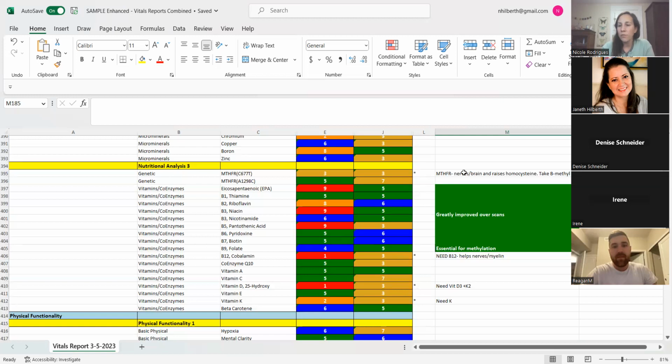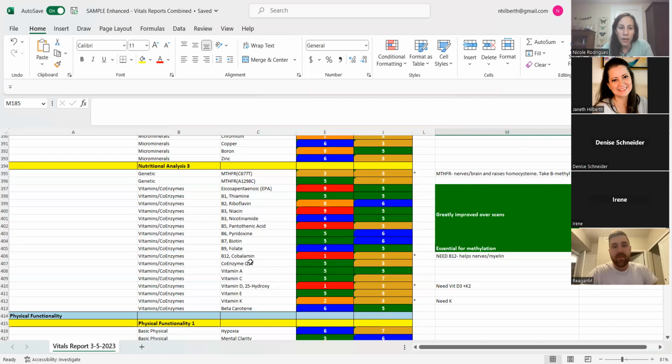So that definitely coincides with everything else that we saw in his scan. So again, to take methyl B vitamins. The other vitamins greatly improved over scans, which is really impressive. I was so happy to see this.